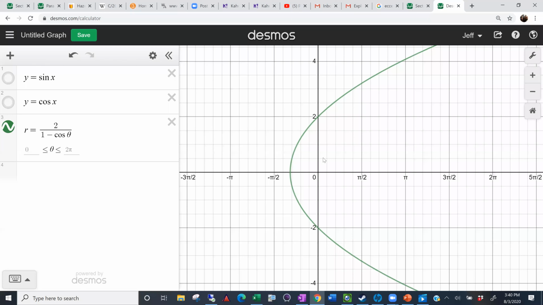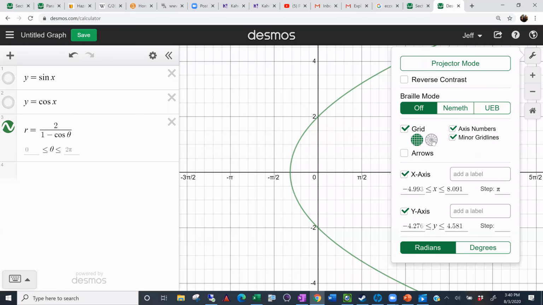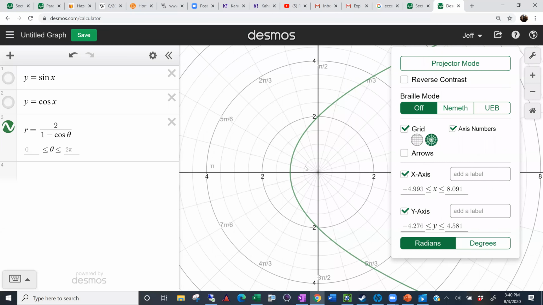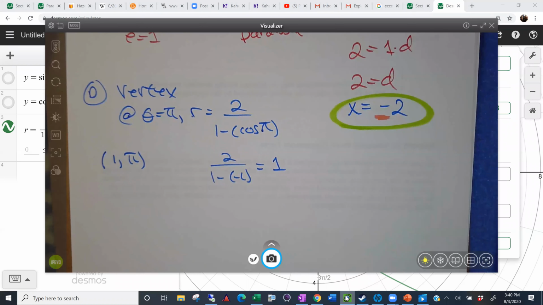So looks pretty good. If I put this on a grid like that, you can see at the angle pi, you're at a radial distance of 1 from your focus, which is at 0, 0. So all looking pretty good. Any more follow-up on example C here?